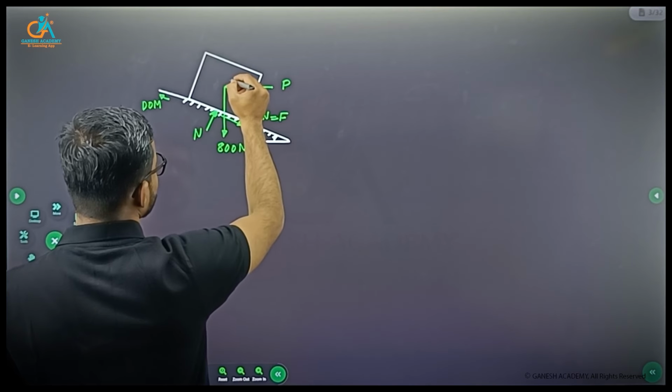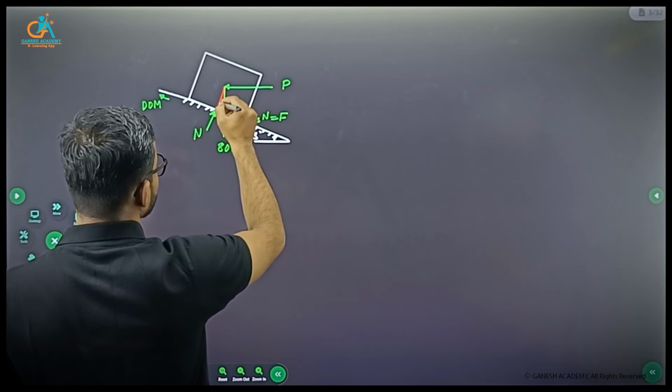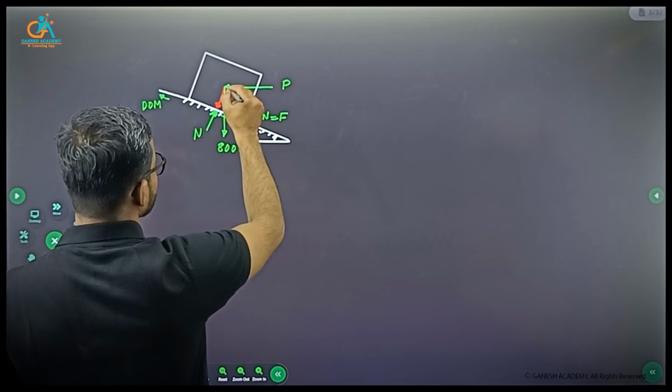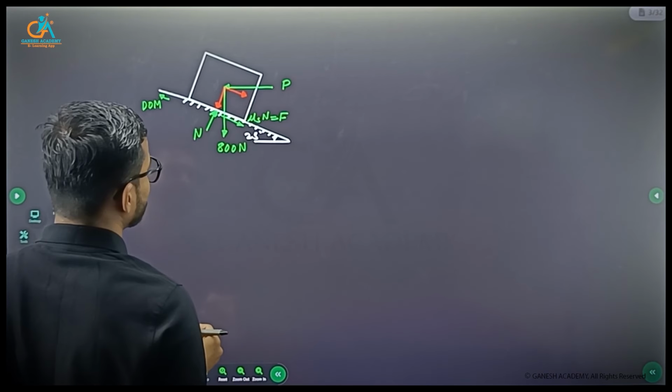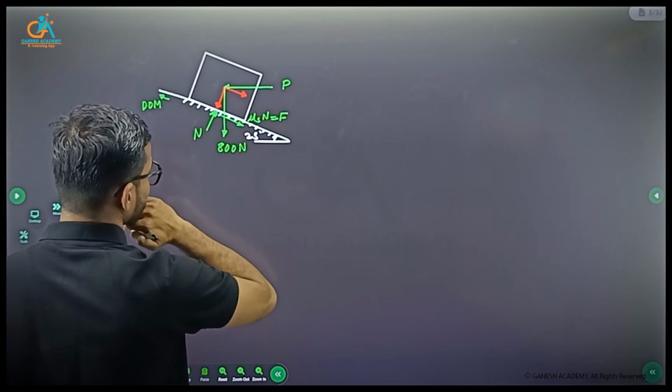So for our convenience, we are going to resolve these forces in the plane and perpendicular to the plane, this inclined plane.